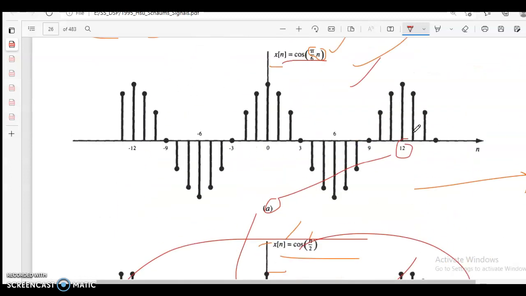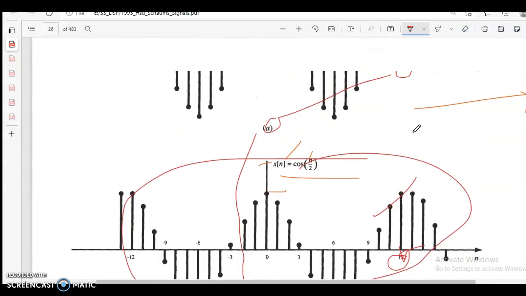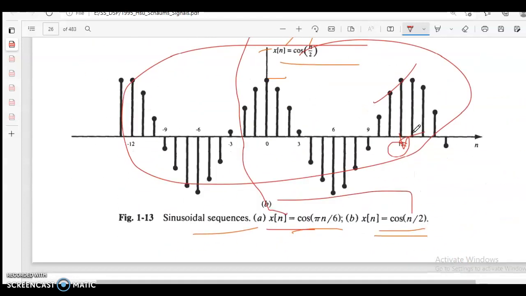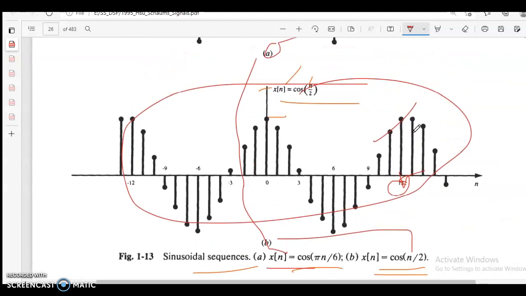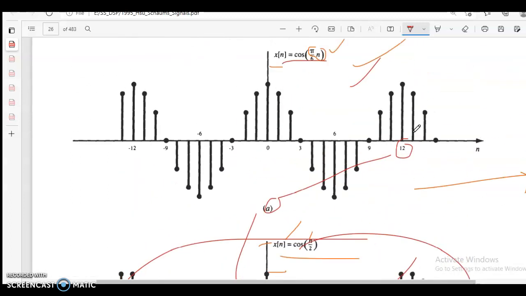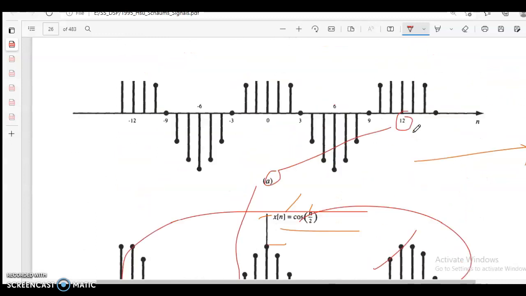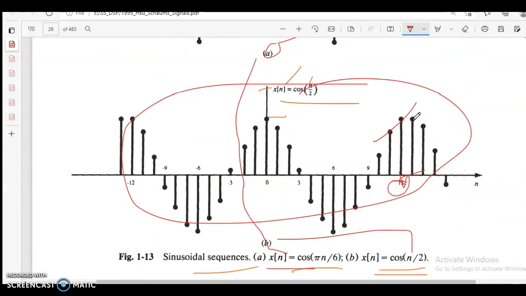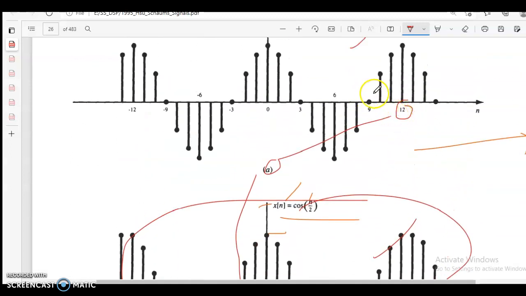So what is the difference actually? Previously the points were 3, 6, 9. This point is different.